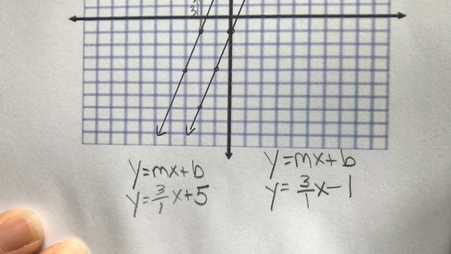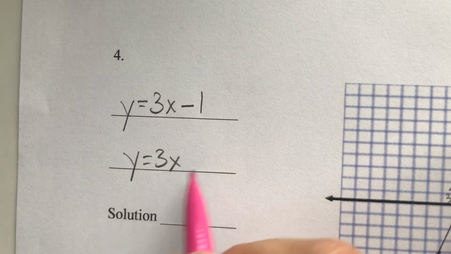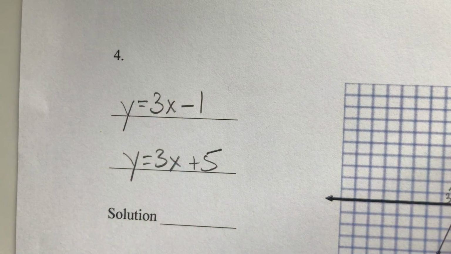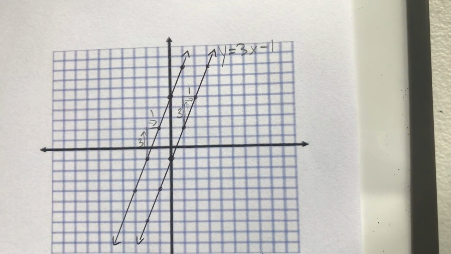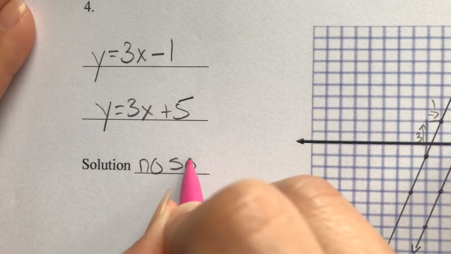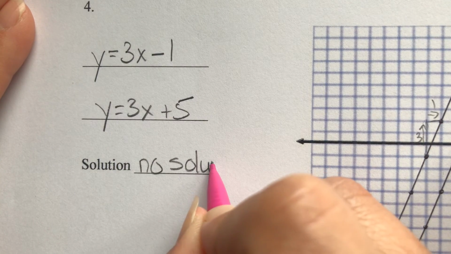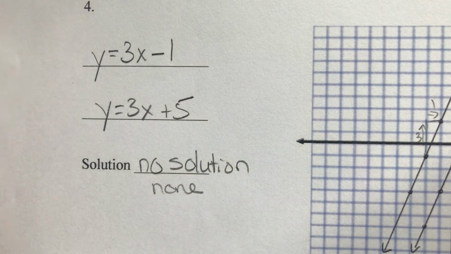So we could write that as just 3x. y equals 3x plus 5. They're parallel. If I ask you where they cross, hopefully you're all thinking they don't. They don't cross. There is no solution. Or if you want to write none, you can write none.